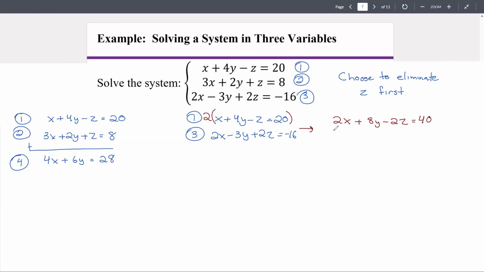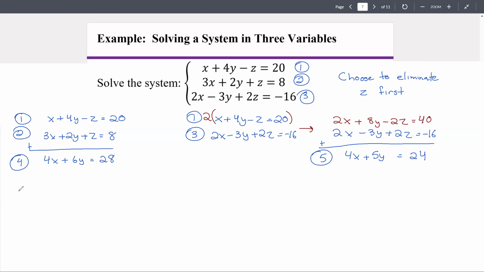And the bottom one didn't change: 2x minus 3y plus 2z equals negative 16. When I add those together, I end up with 4x plus 5y. The z's are gone, and that equals 24. I'm going to call this equation 5.